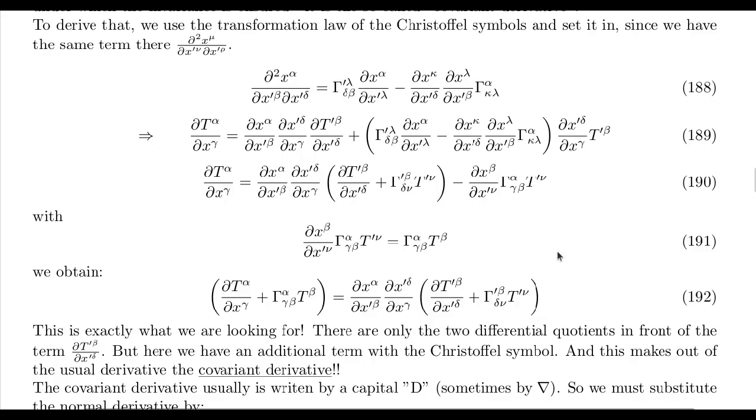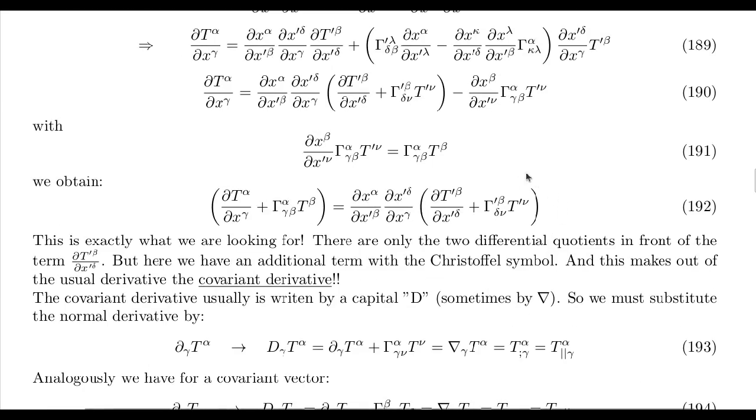Okay, and what we have here now is exactly what we want to have. We have here a tensor, and here we have the two differential quotients for the transformation, and no additional term here.